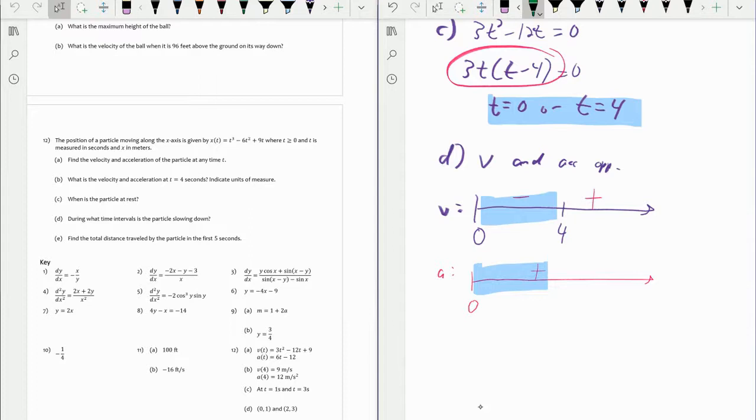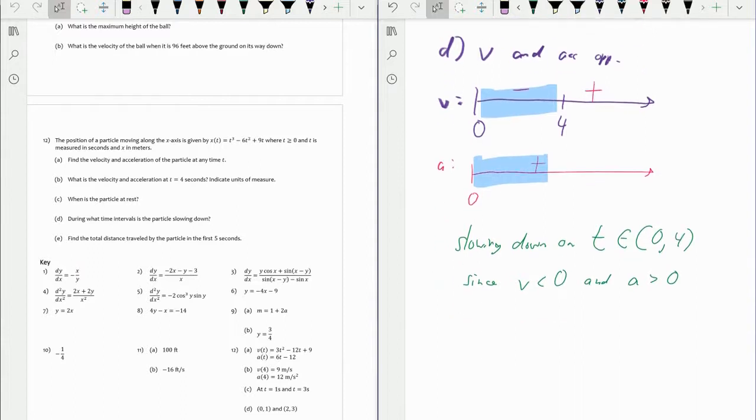So I would say that the particle is slowing down on t contained within 0 to 4, since between 0 and 4, velocity is less than 0 and acceleration is greater than 0. That gives a reason behind what I did.